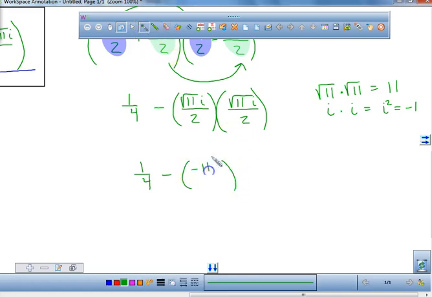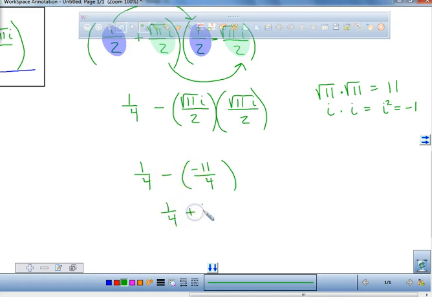Negative 11. And 2 times 2 is 4. If I have a negative and a negative, that makes it a positive. And we got what? We got 12 over 4, which equals 3.